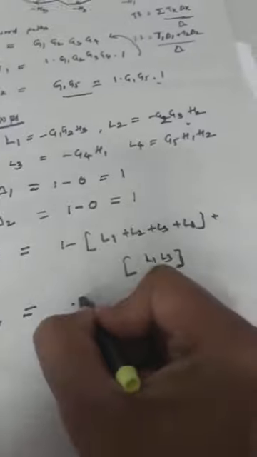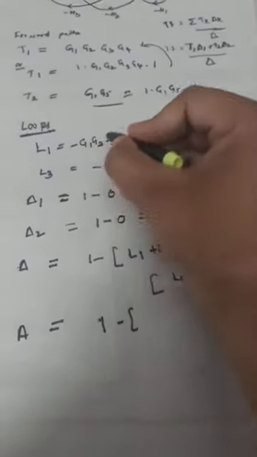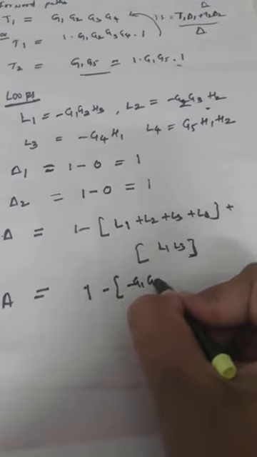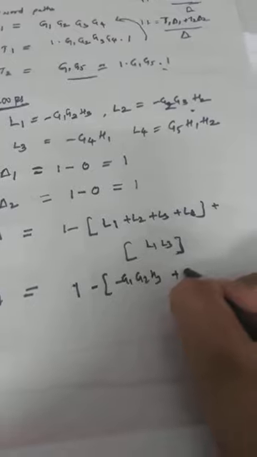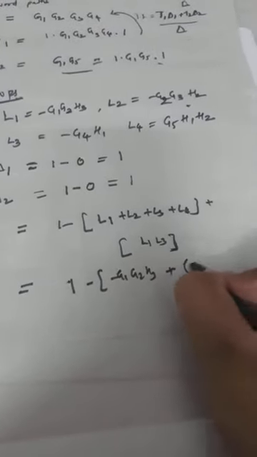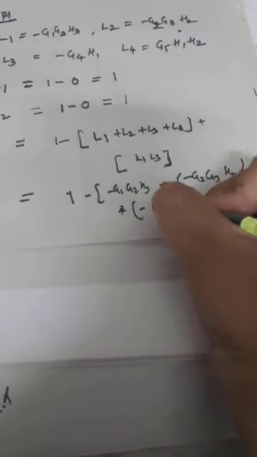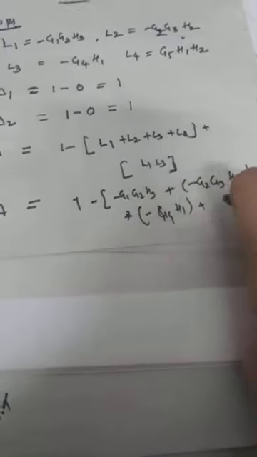Okay, 1 minus L1 can be written as minus of G1, okay, minus G1 G2 S3, then plus L2 is in the bracket, again minus, in the bracket minus G2 G3 S2, then plus L3, L3 is minus G4 into H1, then plus minus of L5 is G5 H1 S2.